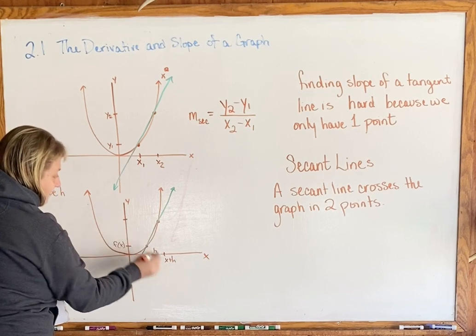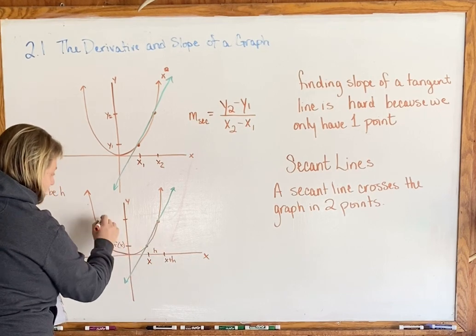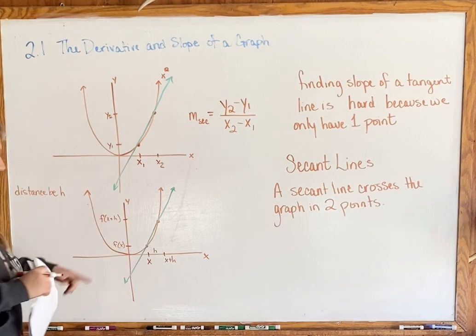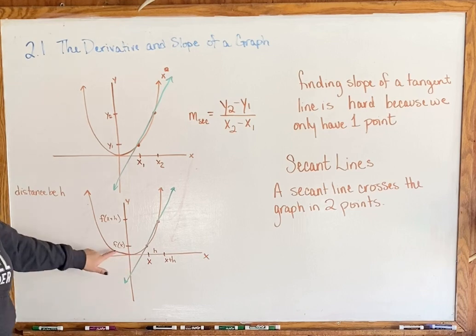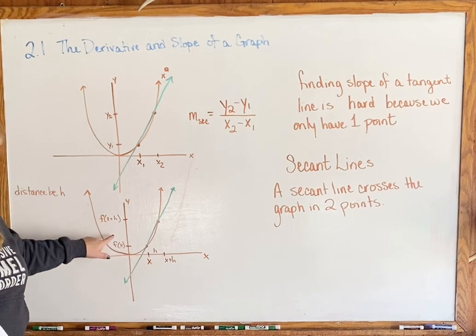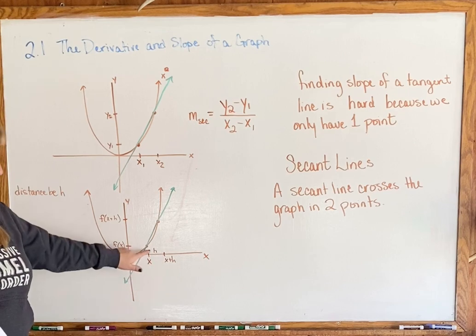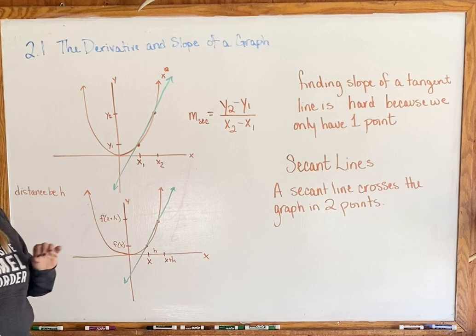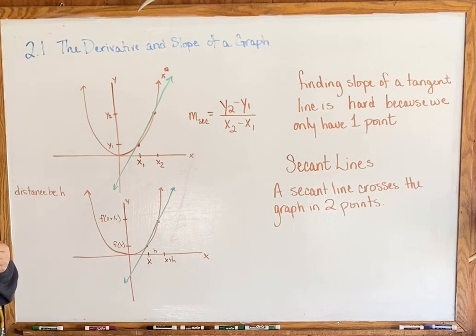And if this is x plus h, then this is f of x plus h. Remember, f of x is just another way to write y. So this is like our y sub 1 and our y sub 2, but we're using this new labeling. So instead of the x1 and x2, we have x and h. We're changing up our variables just a little bit.